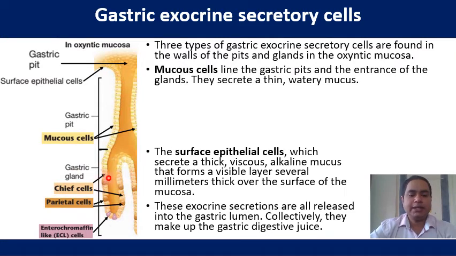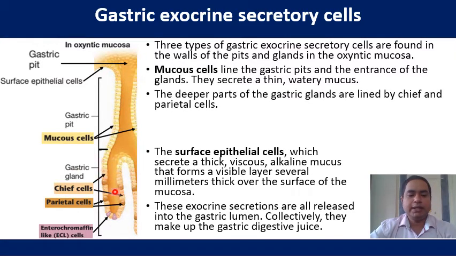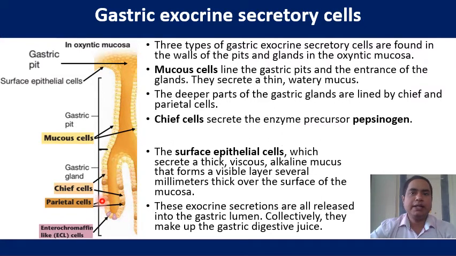The chief cells secrete the enzyme precursor pepsinogen, which after activation becomes pepsin, and the parietal cells, also called oxyntic cells, secrete HCl and some intrinsic factor.